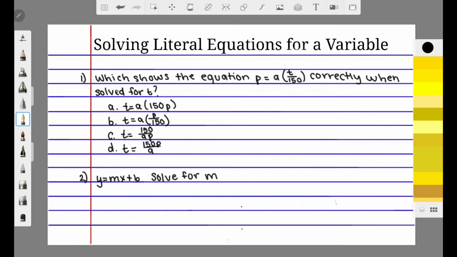Alright, let's do them together. First problem, let's solve for t. So the first thing I'm going to do is get rid of this a. It is multiplied here, so I will divide it. P divided by a is equal to t over 150, and it's divided here, so I will multiply.